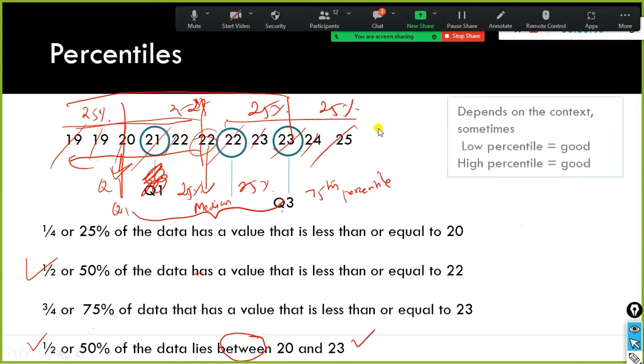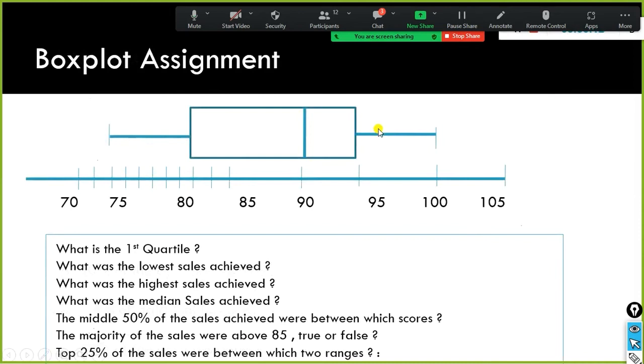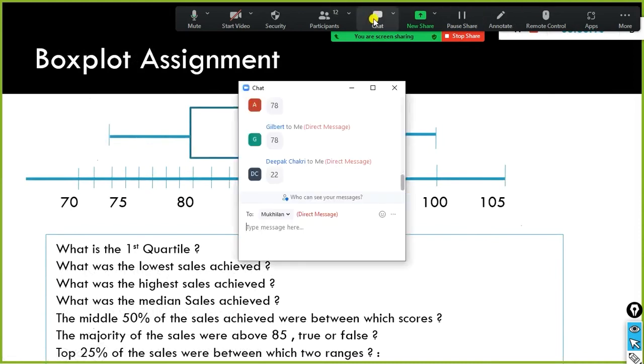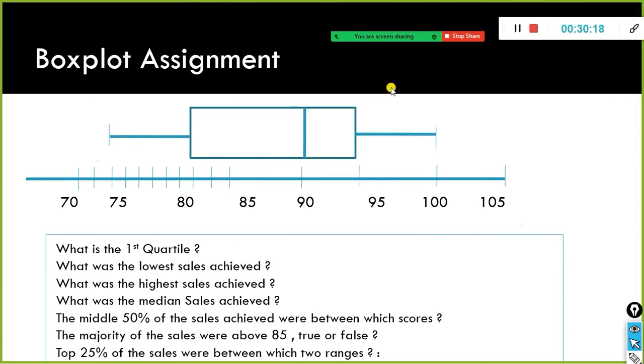I have some example here, some assignment, a simple quiz. Tell me what the first quartile is in this data set. These are the sales achieved by different sales groups in a company.